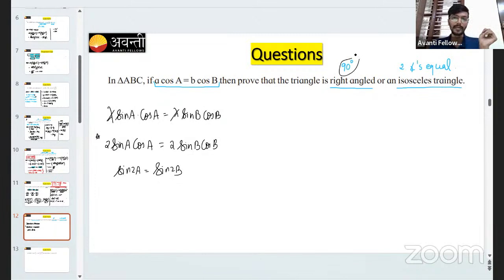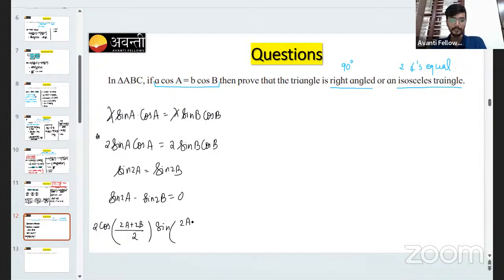Now I just need to prove 90 degrees or two angles are equal. So on the left hand side, I'll get sine 2A minus sine 2B is equal to 0. What is sine minus sine? It is 2 cos of addition upon 2 into sine of subtraction upon 2 equals 0.